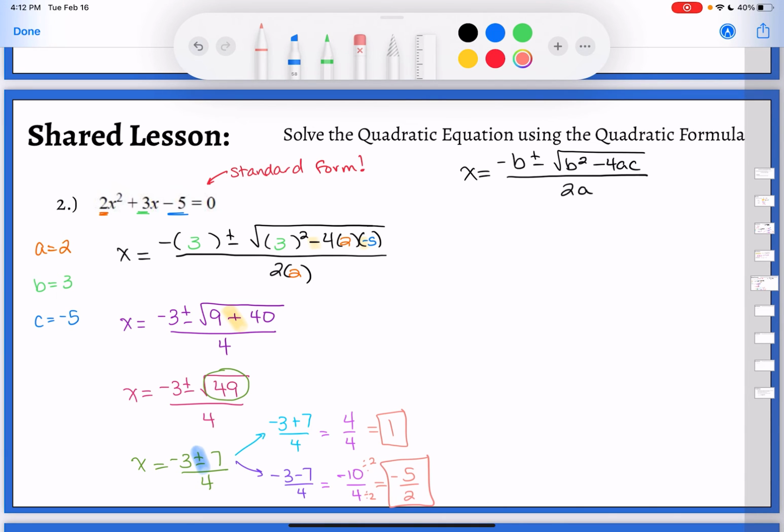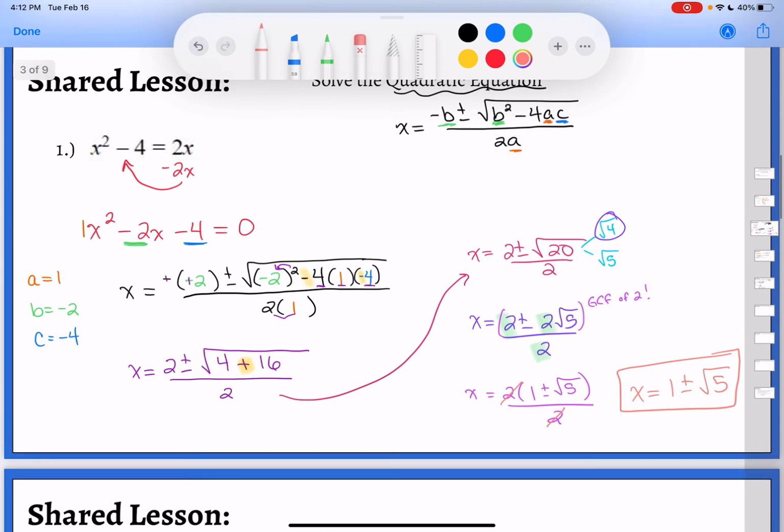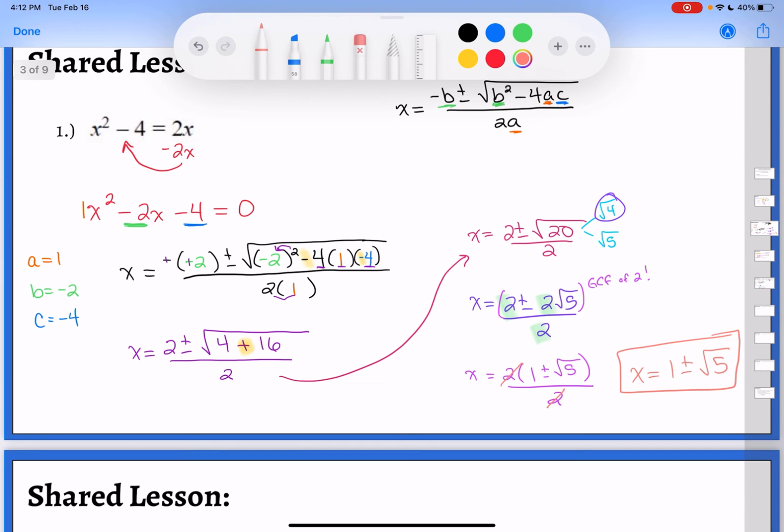So I get 1 and negative 5 over 2 as my two answers for this one. Notice we're still finding two answers for our quadratic equations, just like we've been seeing on all the other methods, right? Two solutions. In fact, this last one, 1 plus or minus radical 5, that's two solutions: 1 plus radical 5 and 1 minus radical 5.